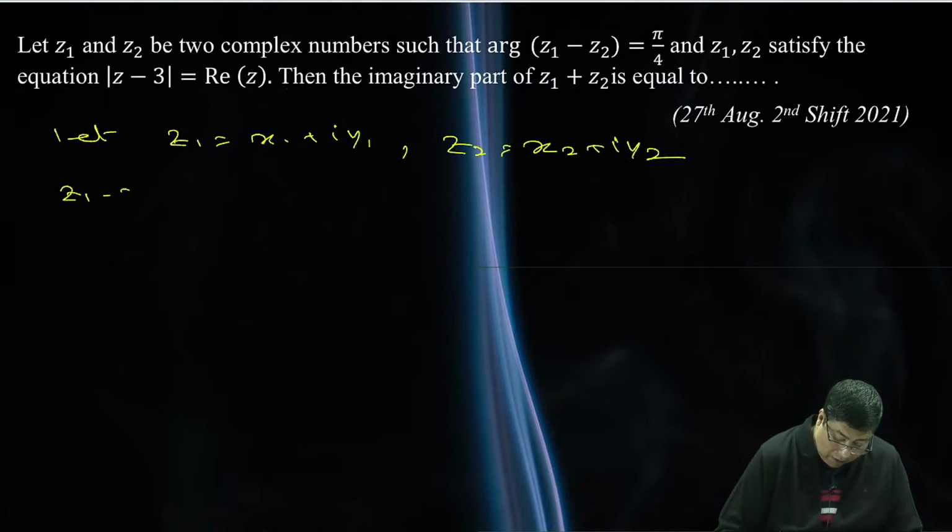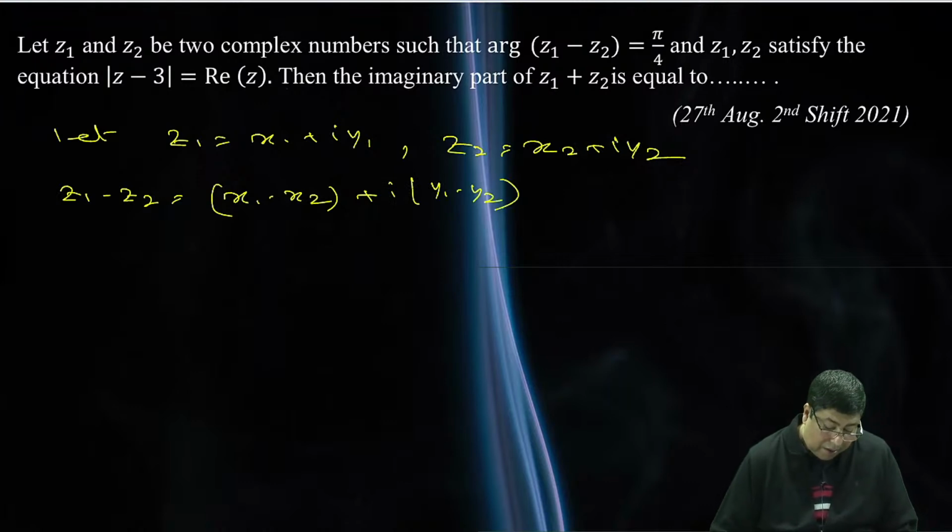Now z1 minus z2 equal to x1 minus x2 plus i into y1 minus y2. So same as this previous case, we can write here argument of z1 minus z2 equal to pi by 4 and they satisfy the equation mod of z minus 3 equal to real z.